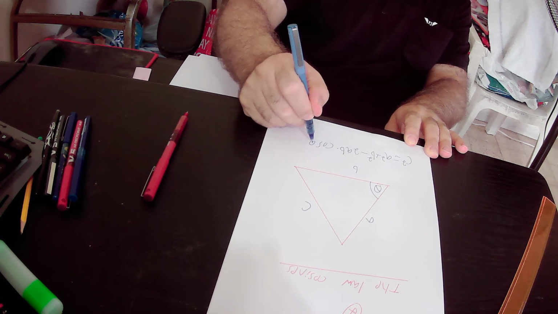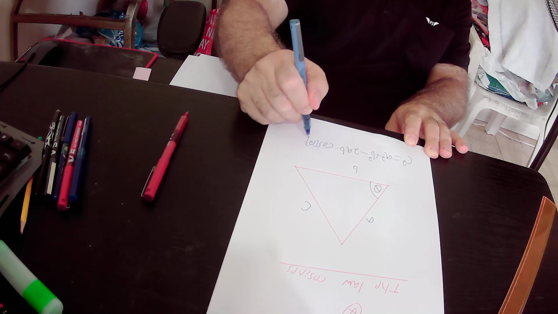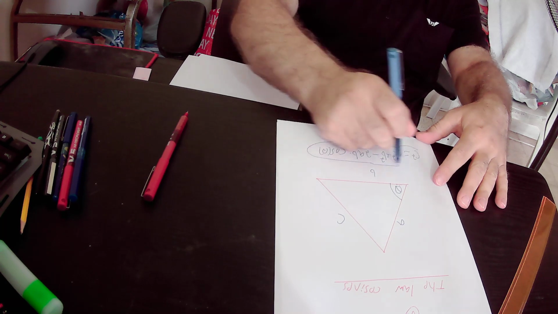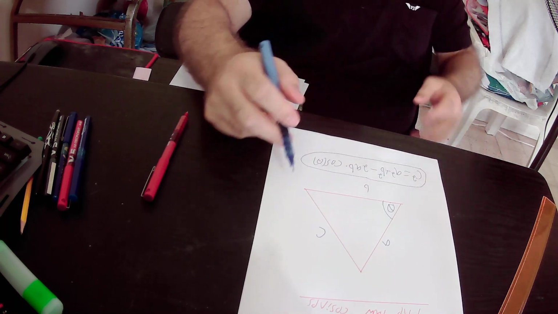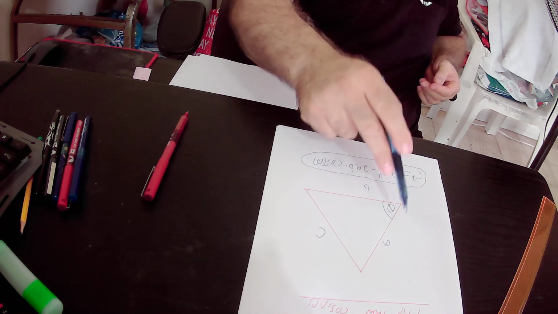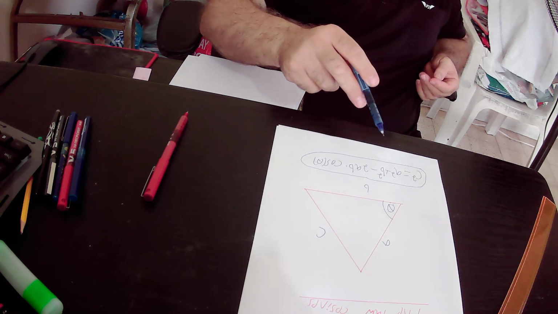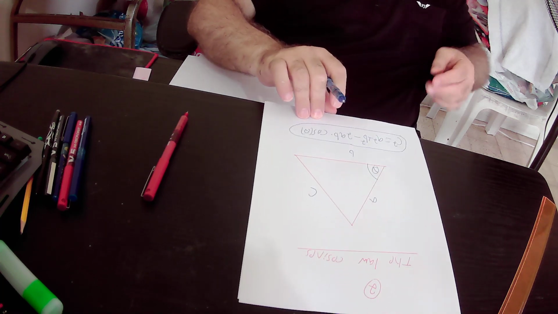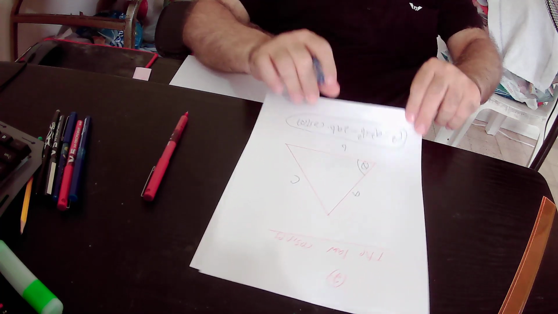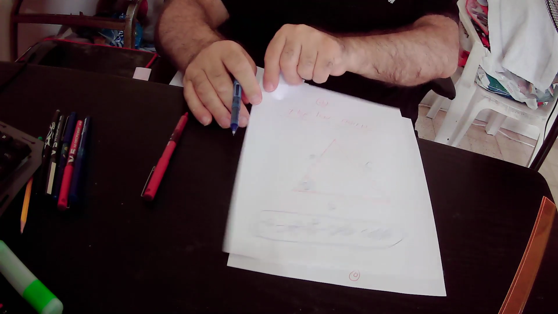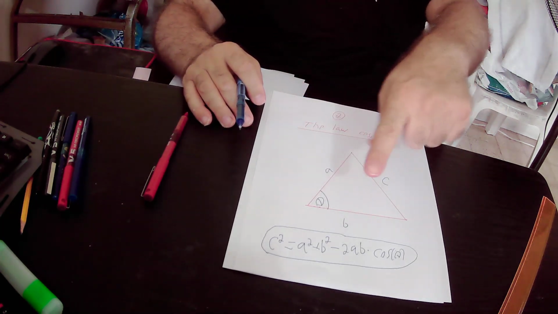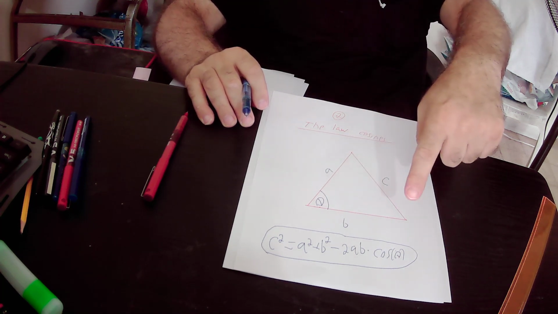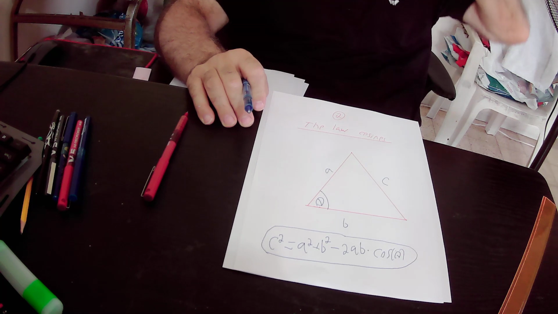Okay, so in any triangle, C square equals A square plus B square minus 2 times A times B times cosine theta.